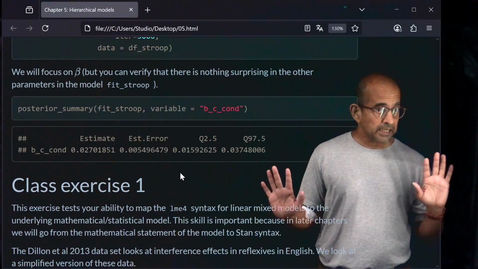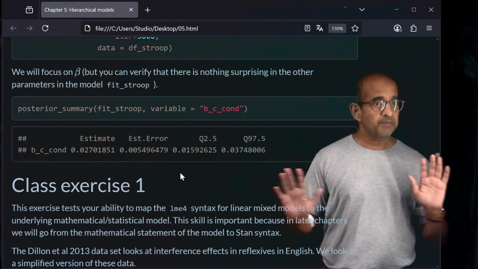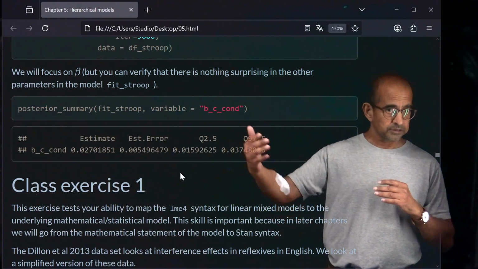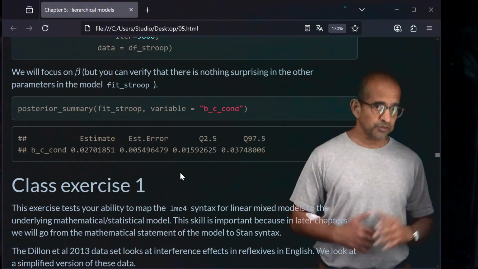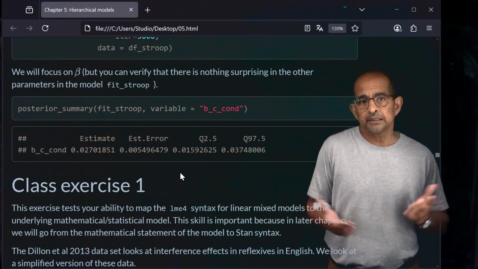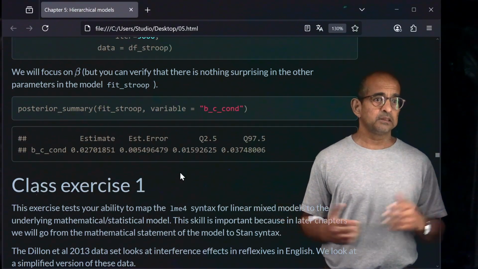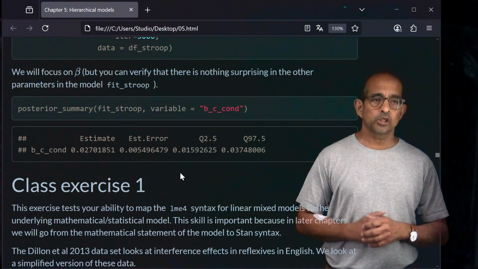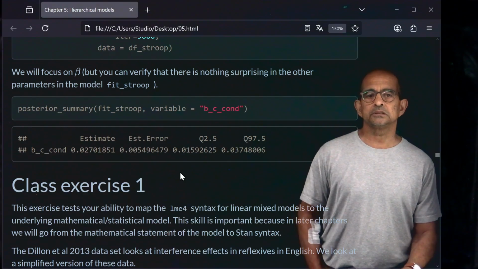We haven't done any hypothesis test here. We are just describing what we've observed in the posterior distribution. The pattern, which is mostly a positive distribution for the slope parameter, the beta parameter, is consistent with the prediction that you will get slower reaction times with incongruent conditions.